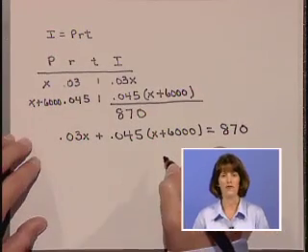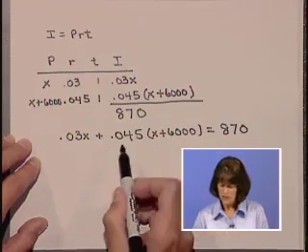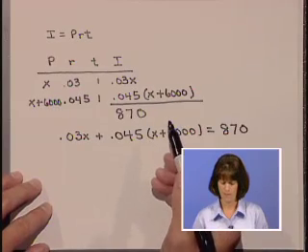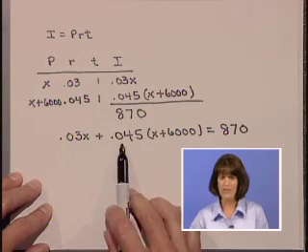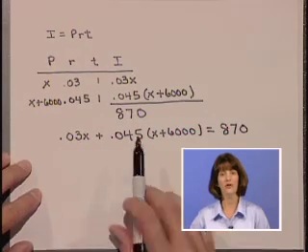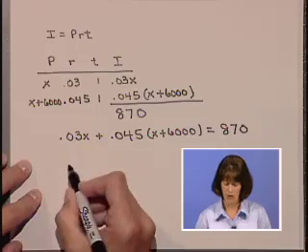Now let's solve the equation. This one has decimals in it, so let's try to multiply through by something that will get rid of those decimals. As we look through here, the 0.045 has 3 decimal places. And so let's multiply through by 1,000 to move that decimal point over and make that a whole number.